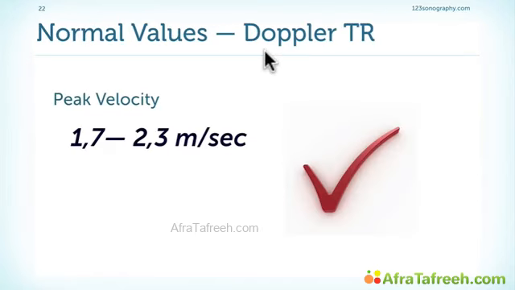The normal value for the TR signal in Doppler is 2.3 meters per second. This would denote normal pulmonic pressure.